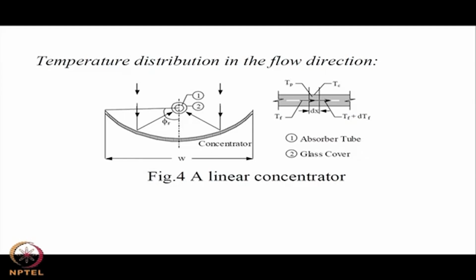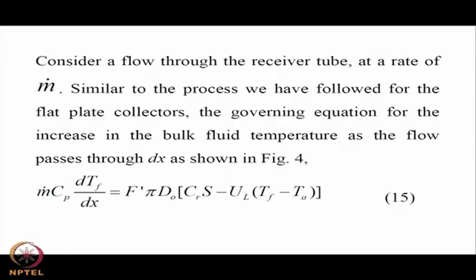We have taken as an example, as shown in figure 4, a parabolic concentrator with the receiver tube outer diameter being D_o and inner diameter being D_i, which the diagram is self explanatory, except I have skipped a certain portion to express the temperature of the fluid as it flows along the receiver tube, which is exactly similar to what we have in the case of flat plate collectors.